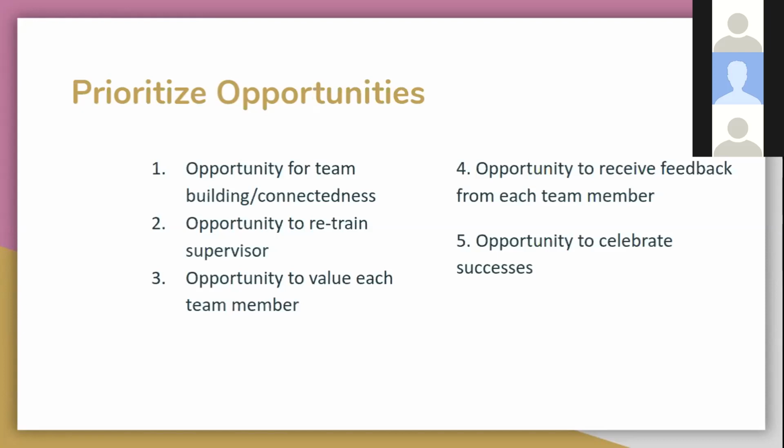Thirdly, there's the opportunity to value each team member, because some felt undervalued. Fourth, there's the opportunity to receive feedback from each team member, because all voices need to be heard. And lastly, an opportunity to help the team celebrate successes.